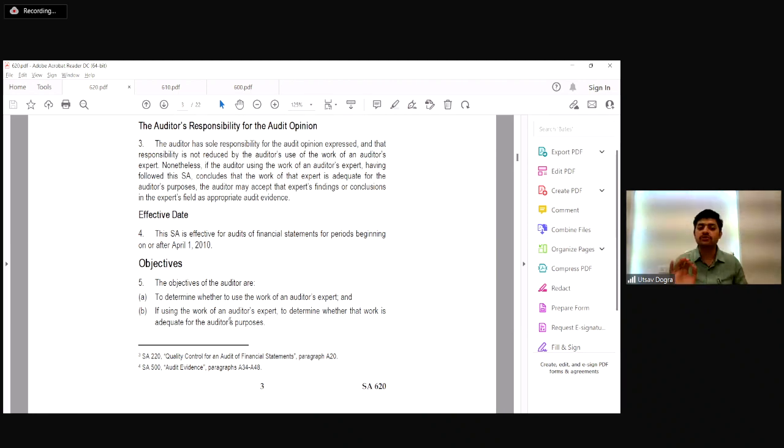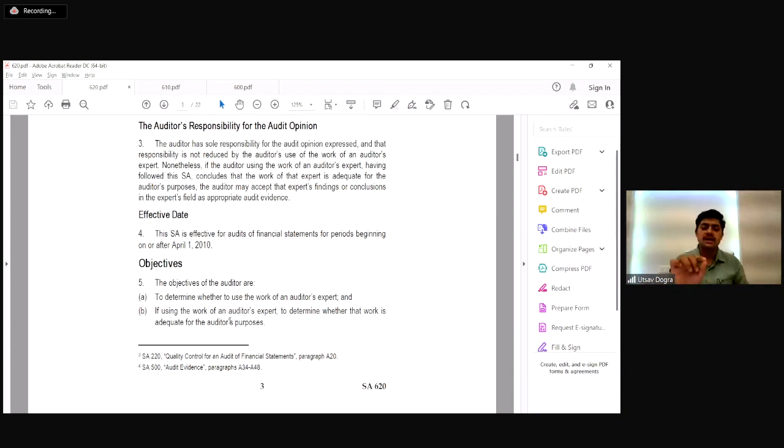The auditor has sole responsibility for the audit opinion expressed, and that responsibility is not reduced by the auditor's use of the work of an auditor's expert. Nonetheless, if the auditor, having followed this standard, concludes that the work of the expert is adequate for audit purposes, the auditor may accept.